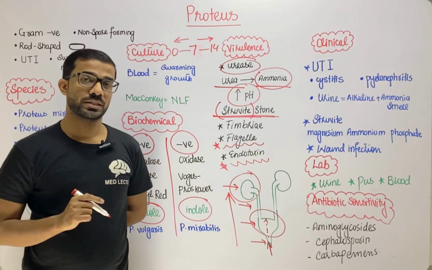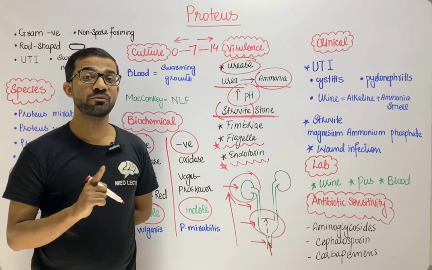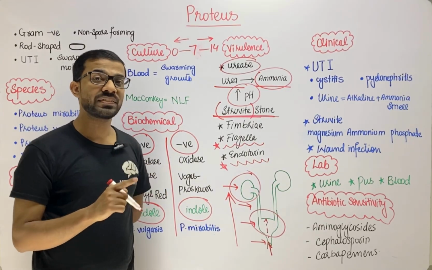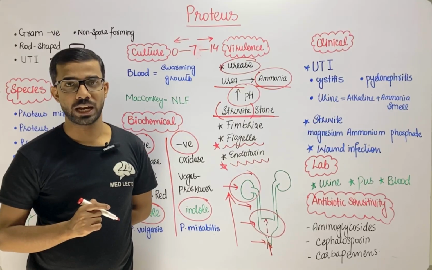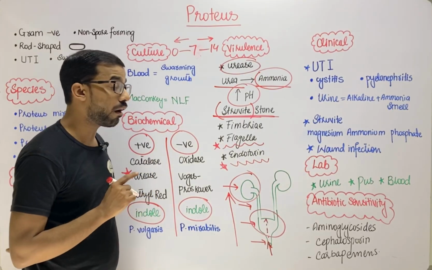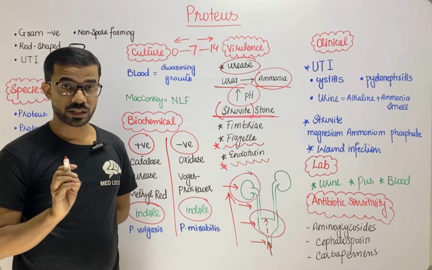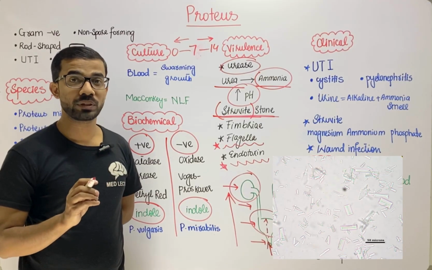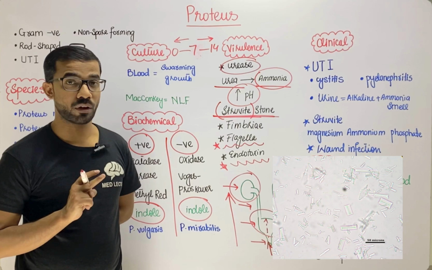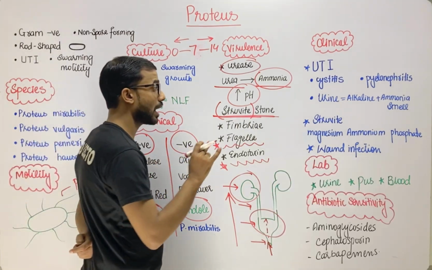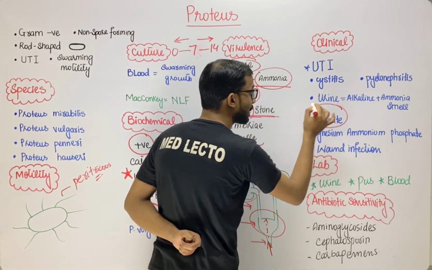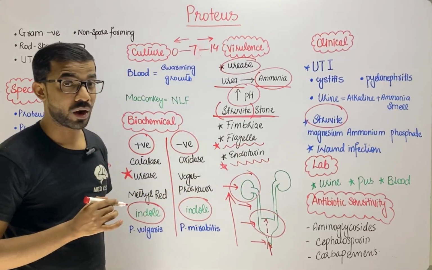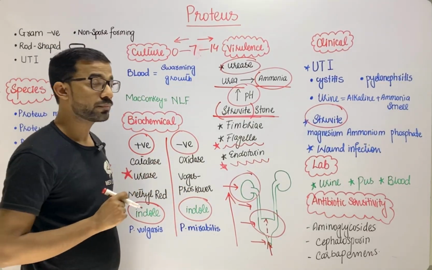And in that case, the most important thing is that the urine will be alkaline, and the smell of the urine will be ammonia-like. And you can also see struvite crystals, like magnesium ammonium phosphate crystals, triple phosphate, because of the presence of struvite in the urinary tract.